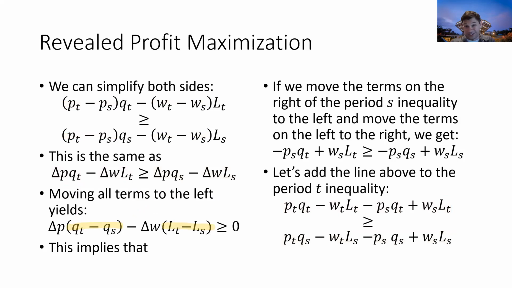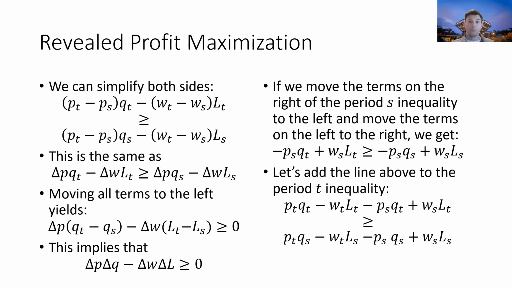Yeah, those are just the changes, just like how we did the changes in the prices a moment ago. So this is going to leave us with the following comparative static condition. And if you'd like, you can add the negative term back over to the right. Now, I want to be clear.